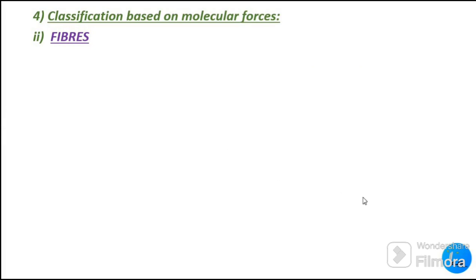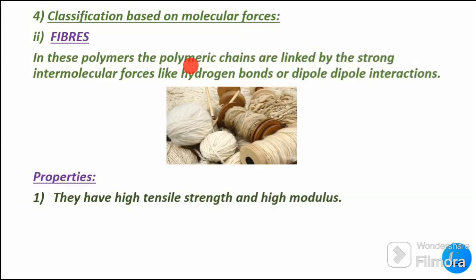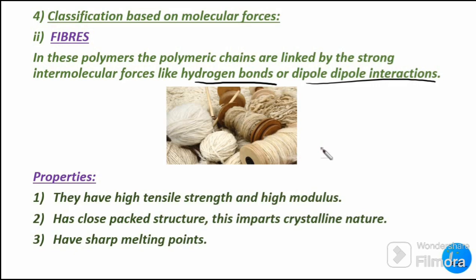So what are fibers? In these polymers, the polymeric chains are linked by strong intermolecular forces like hydrogen bonds or dipole-dipole interactions. Due to the presence of strong intermolecular forces, they have a close packed structure and this imparts a crystalline nature.